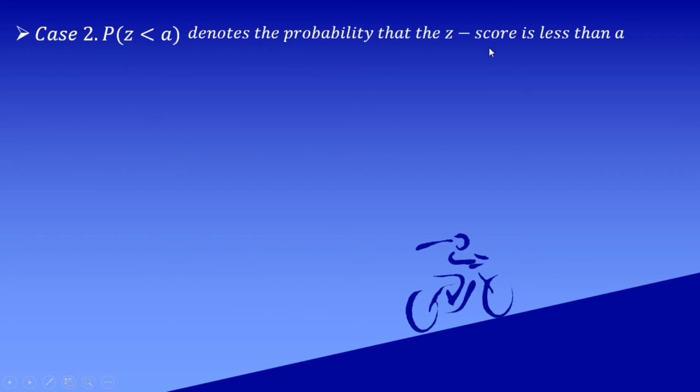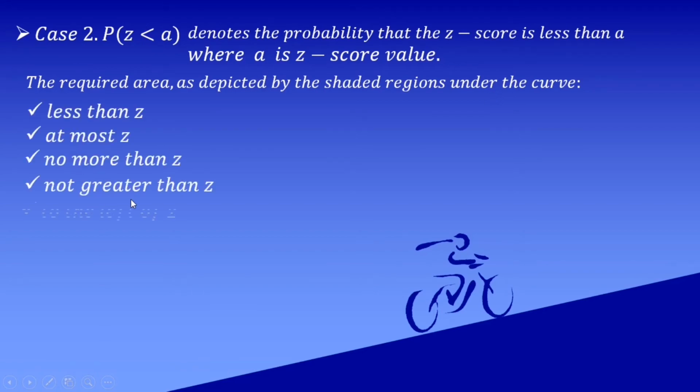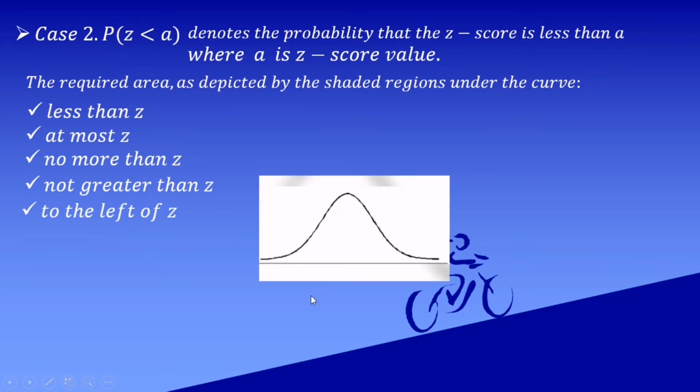Sa ating case 2, ito yung probability notation. It denotes the probability that z-score is less than a, where a is the z-score value. So ito yung mga terms na gagamitin natin for shaded region: less than z, at most z, no more than z, not greater than z, to the left of z. So isa lang din ang ibig sabihin nito. Our shaded region is going to the left side.